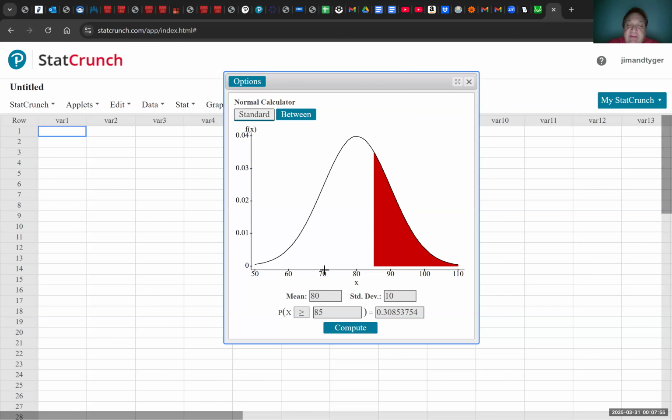So that's 1 standard deviation, 2 standard deviations below, 1 standard deviation, 2 standard deviations above. And 85 is right here between 80 and 90. It's half of a standard deviation away from 80. You can see the area here, the proportion is much larger. In fact, it's 0.308 or almost 31%.